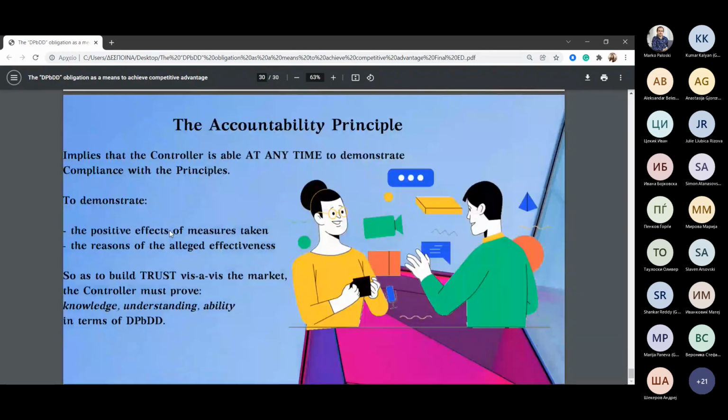So all in all, the umbrella of all these guiding principles, we can say, is the accountability principle.